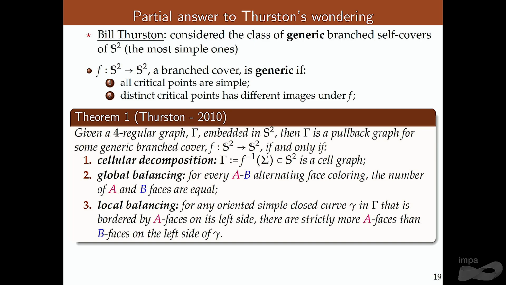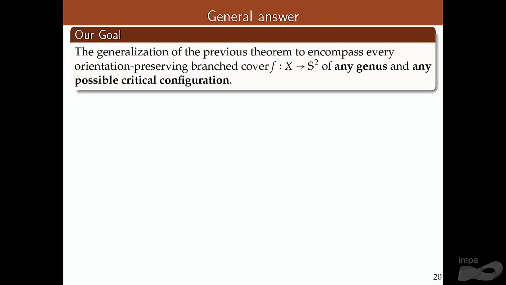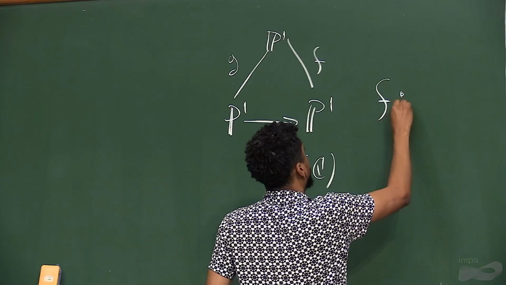So for any graph with that property, you can construct a branched covering realizing that graph as a pullback graph, and vice versa. Okay. So the main goal is to present a fully general version of that theorem, for any criticality and genus.